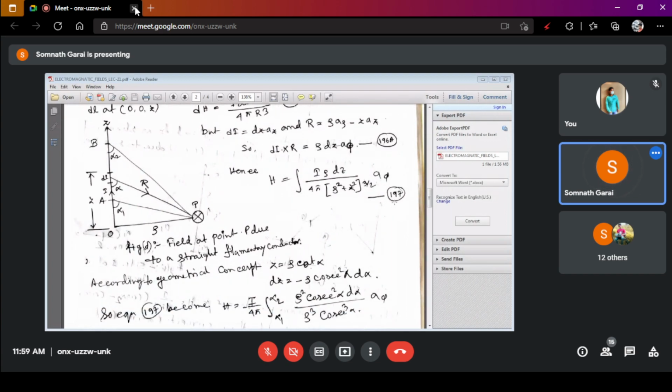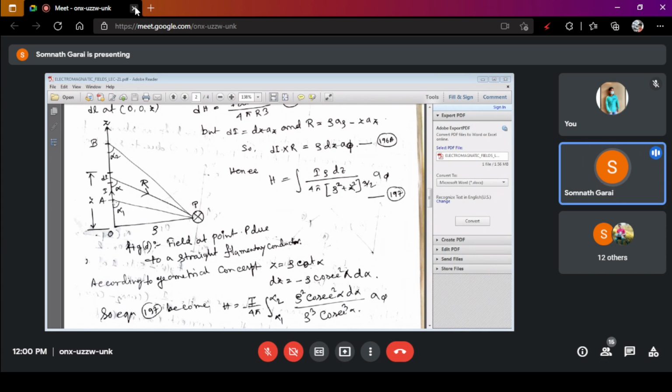Now we replace dz and z in terms of alpha, because this angle is very important. This angle represents whether the conductor is finite or infinite.